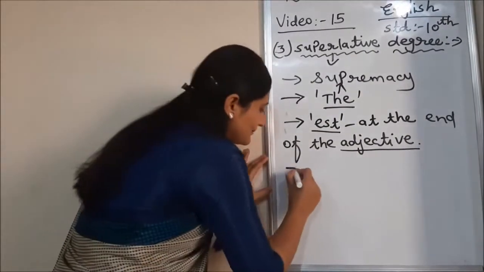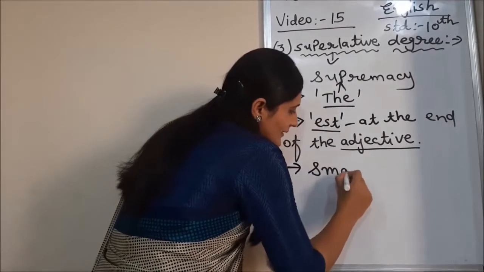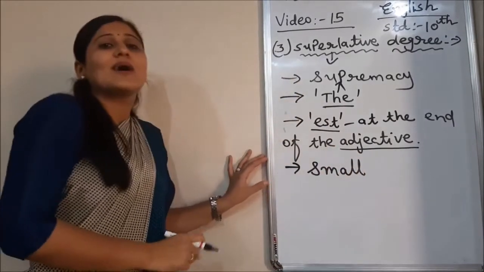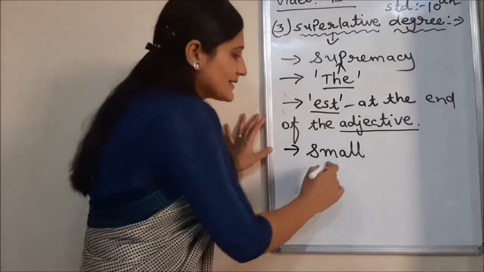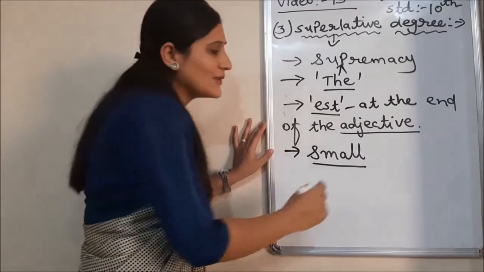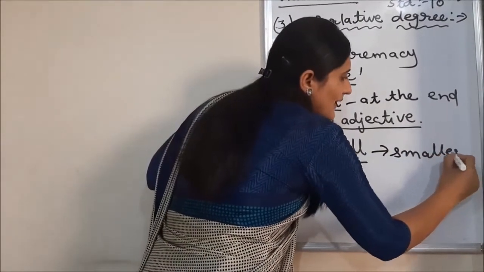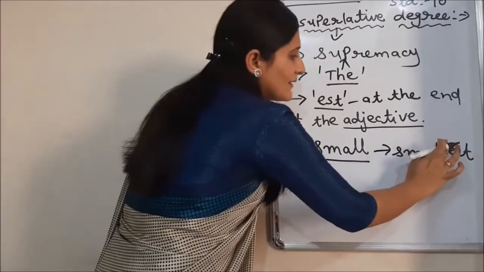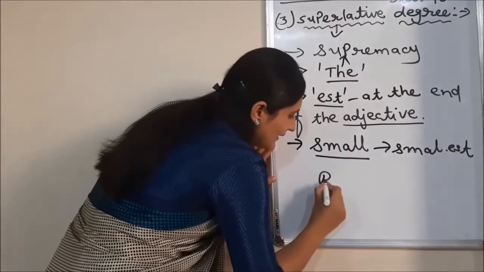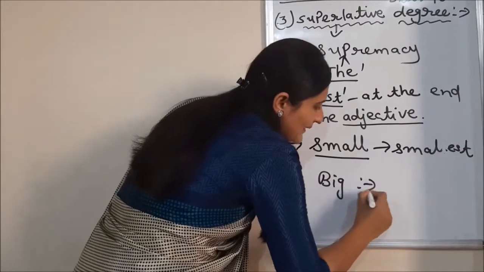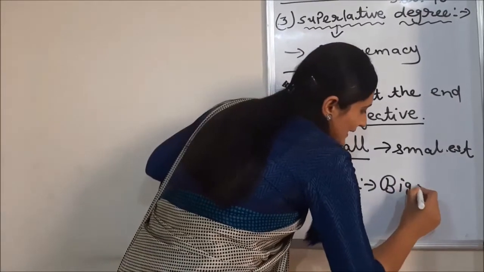For example, small. See, you need to find out where is the adjective in the sentence, right? So small is an adjective, so we need to add est at the end. Smallest. Second example, big. We need to write biggest.